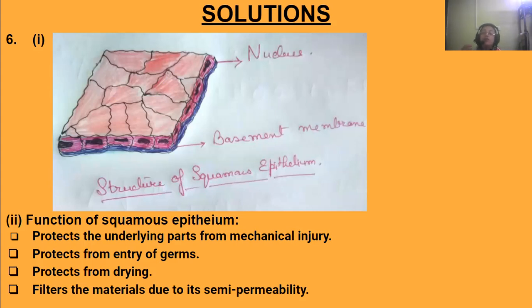They also filter materials due to their semi-permeability. As they are semi-permeable, they restrict materials from entering the underlying parts of the body. That is why they can protect the underlying cells from mechanical injury, entry of germs, or even drying.